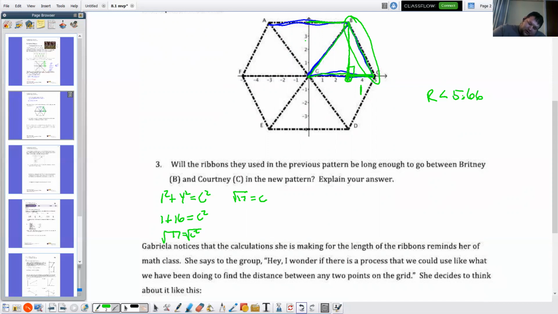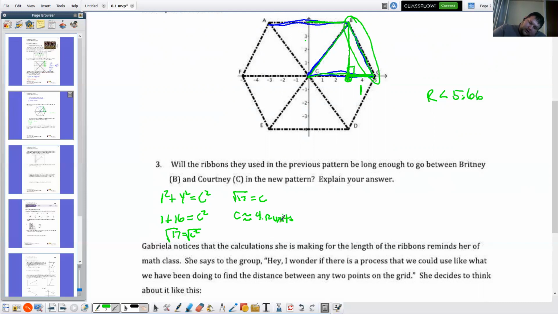And so C approximately equals, go back to my calculator here, boom, square root of 17, 4.12 units.